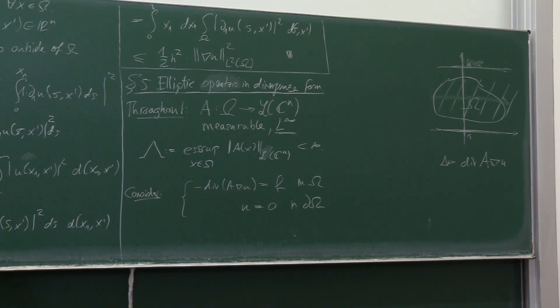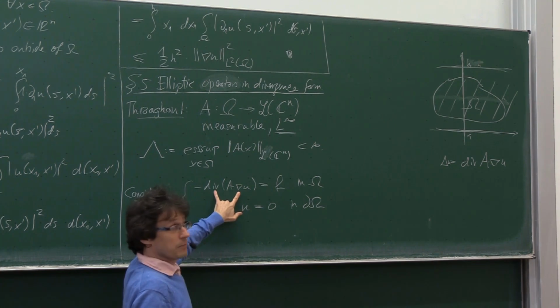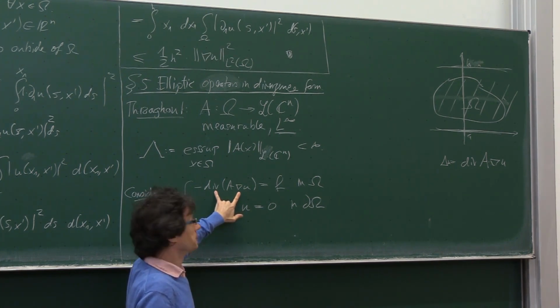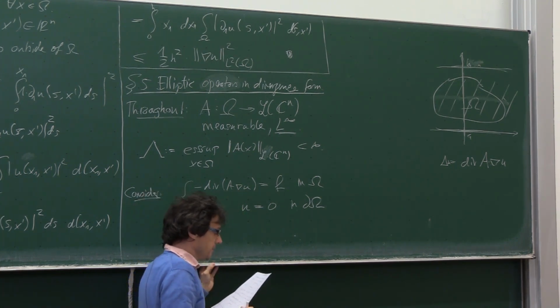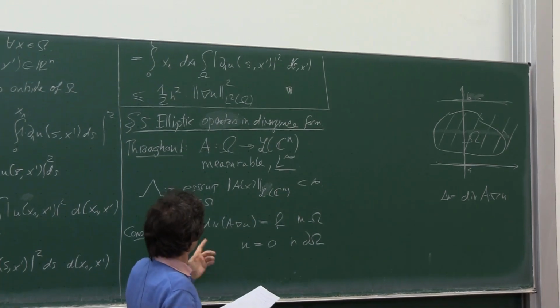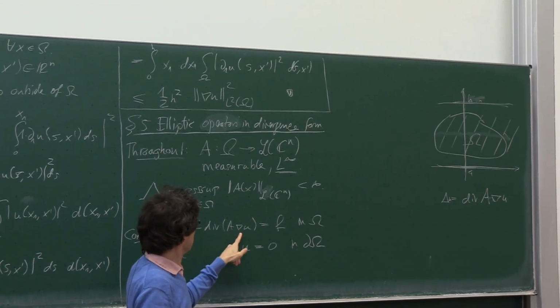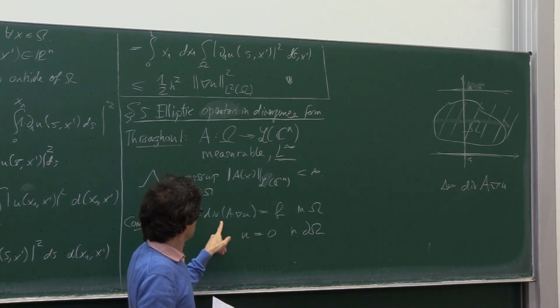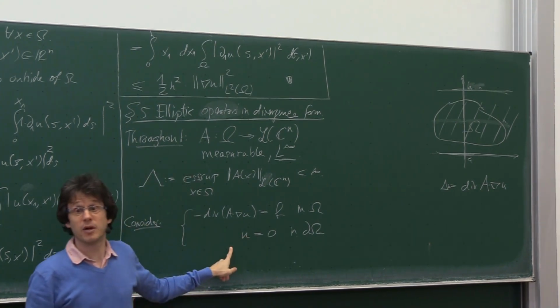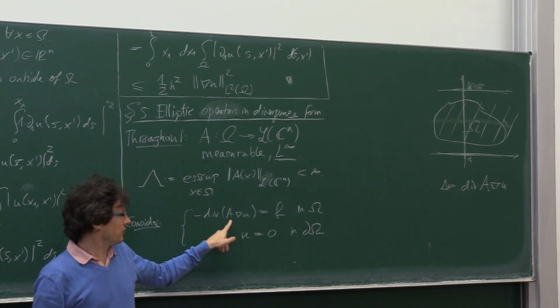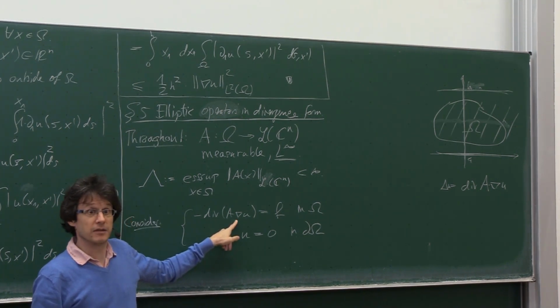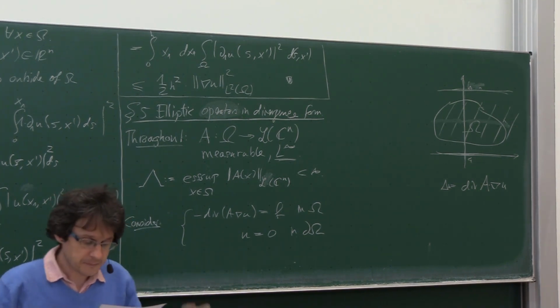So we search for functions that are 0 on the boundary and fulfill this second order partial differential equation in omega. And again, if A is the identity matrix, this is the Laplace operator, and then what we have here is the classical Poisson problem: finding functions with 0 boundary values such that Laplace u is a given function f.